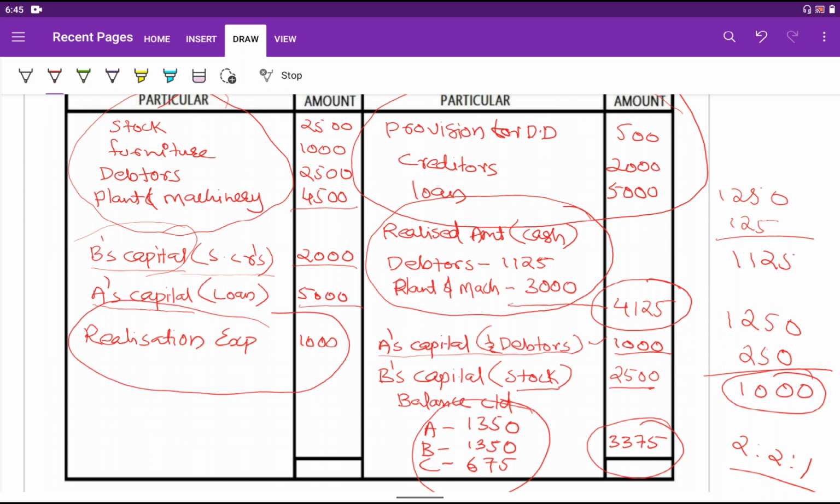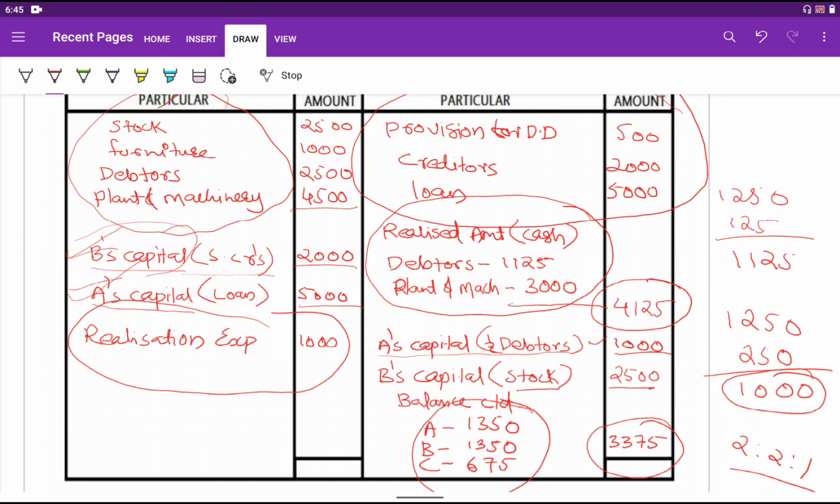Other things, B's capital, A's capital, we already wrote the journal entry during the time of writing the journal entry for capital, so no need to write again. So for the realized amount and realization expense we want to do the journal entry. So realization expense, how can we write the journal entry? It is coming in debit side.